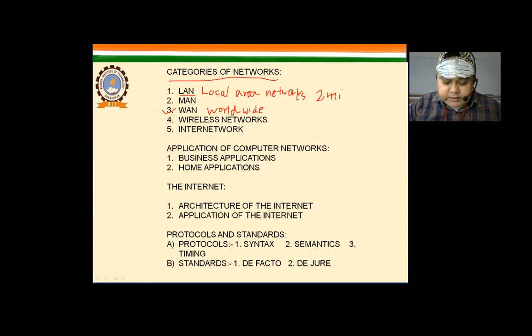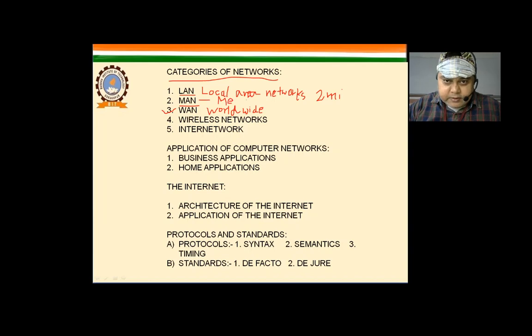Networks of the size in between are normally referred to as metropolitan area networks and span tens of miles. If we talk about this MAN, MAN is metropolitan area network.